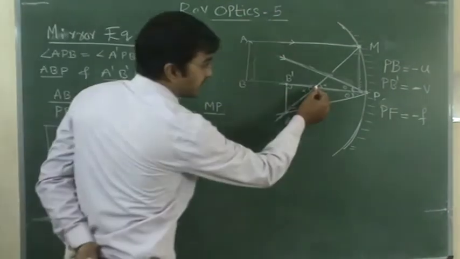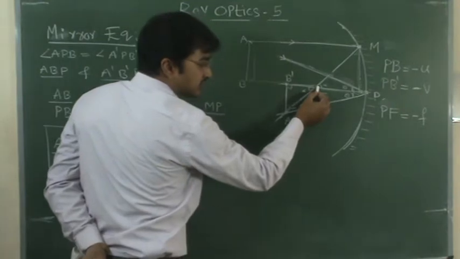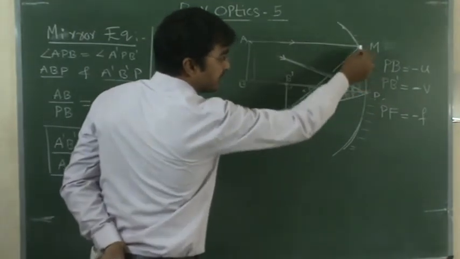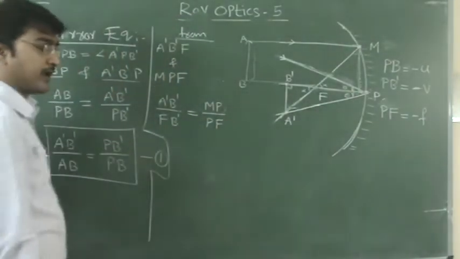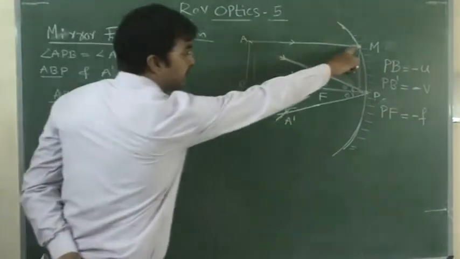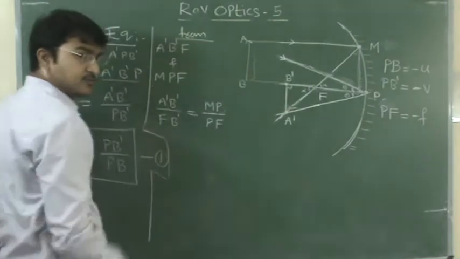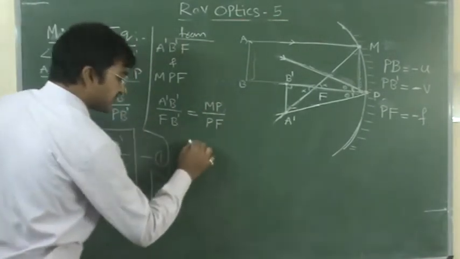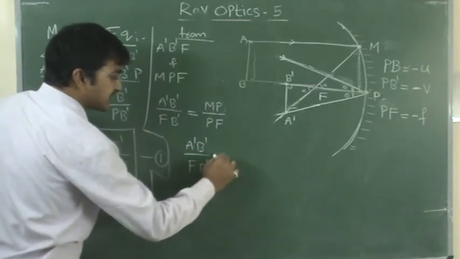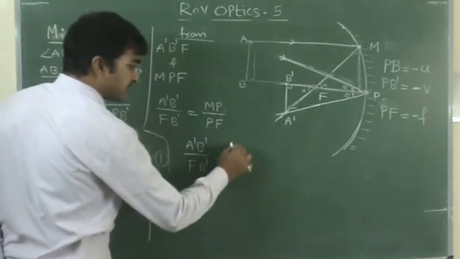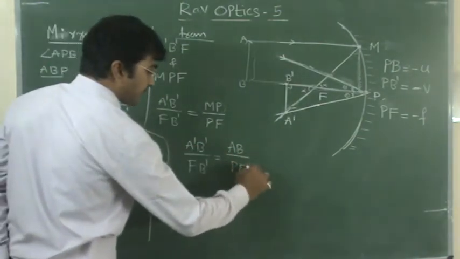So from triangle MPF, tan alpha is equal to the opposite side MP divided by the adjacent side PF. But MP, the distance or size MP, is equal to AB from the diagram. Therefore this equation will change as A'B' by FP' is equal to AB divided by PF as usual.